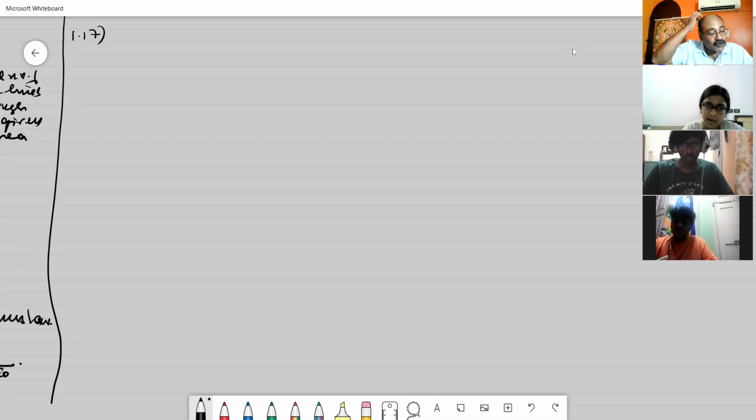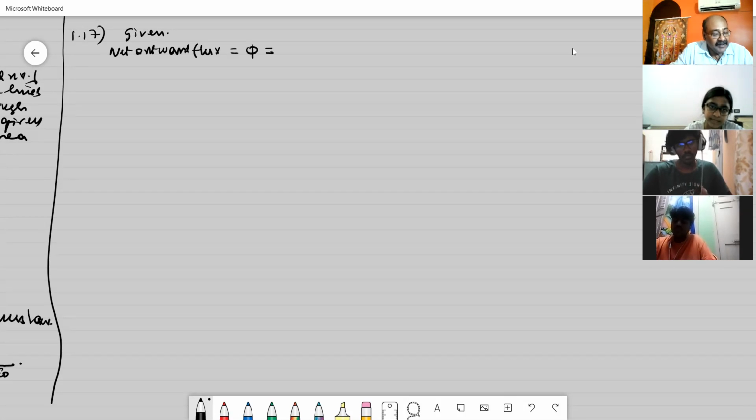First of all, let us go through the problem again. Careful measurement of electric field at the surface of a black box indicates the net outward flux. So what is given? The net outward flux is given. Net outward flux, let us consider it as phi, and this was given as 8 into 10 to the power of 13 newton meter square per coulomb.